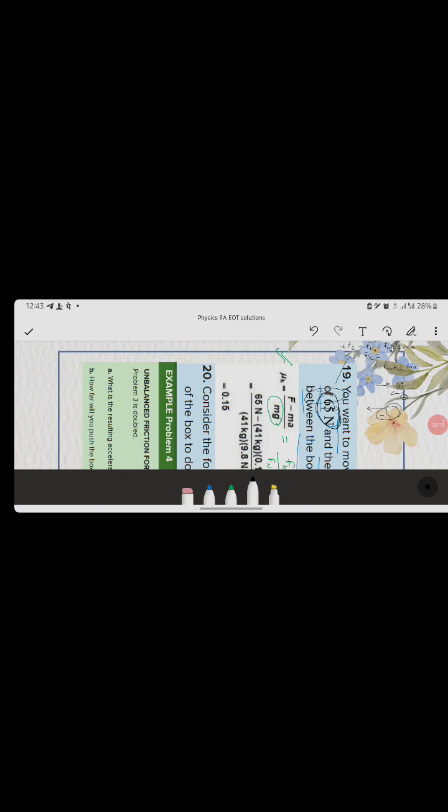If you shift Fk over to this side, Fk will be equal to Fa minus ma, F applied minus ma. This is the formula you get for Fk. Simple. They put it directly, F minus ma.